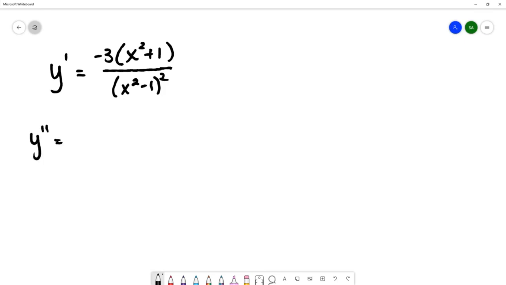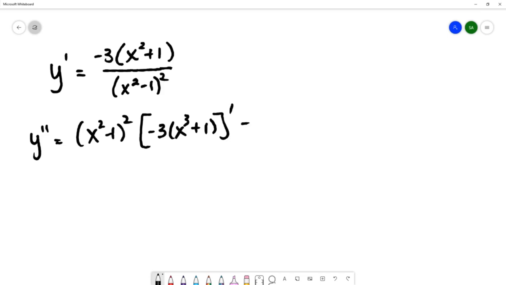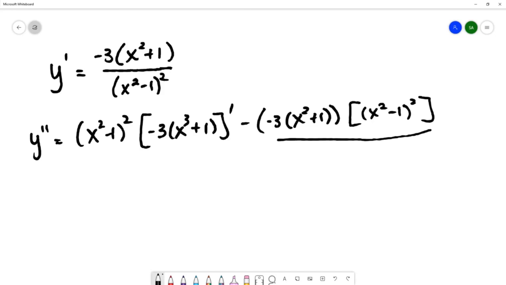And so the quotient rule, we have the denominator times the derivative of the numerator minus the numerator times the derivative of the denominator, all over the denominator squared.